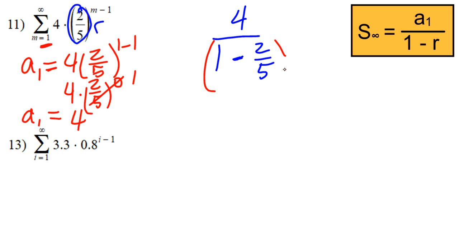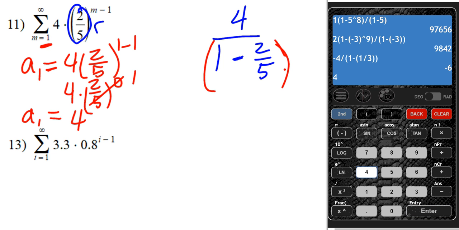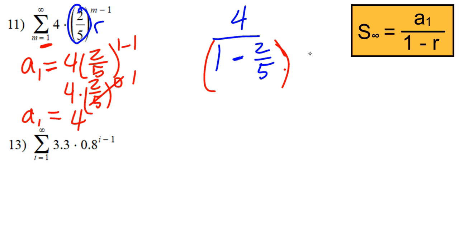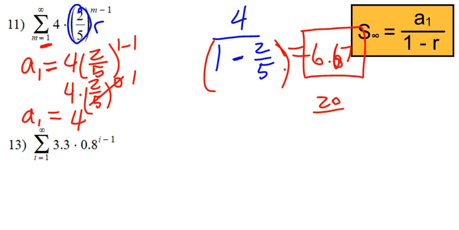Use parentheses for the calculator. 4 over parentheses 1 minus 2/5. That's 6.6 repeating, or 6.67. If you did it as a fraction, that's 20 over 3. Okay, 20 over 3 is a good answer, but I would take 6.67.